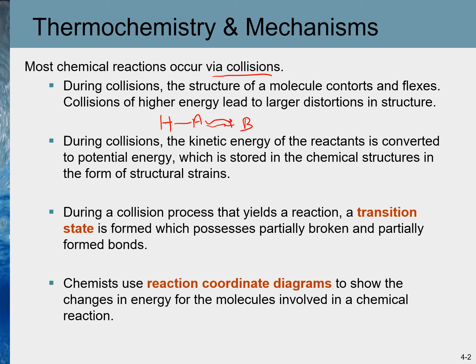This process is analogous to vehicles colliding. So when they collide, their structure also gets a potential strain. During a collision process, which results in a product, a transition state will be formed, and in the transition state we will have partially broken bonds and partially formed bonds.